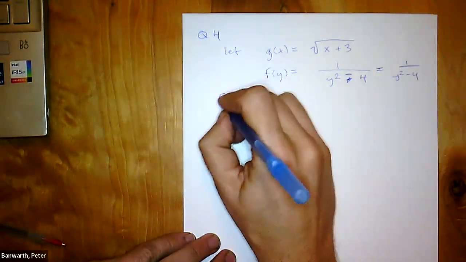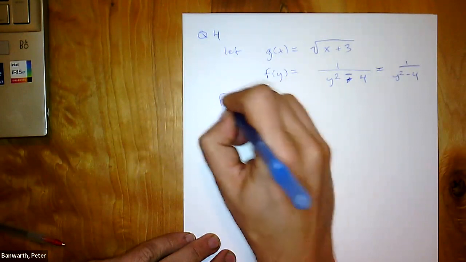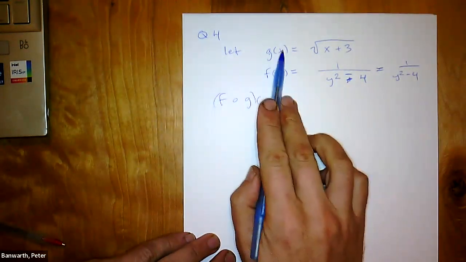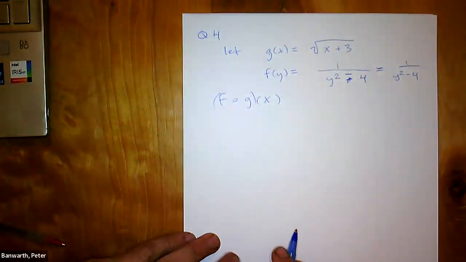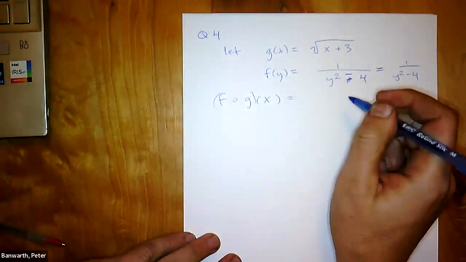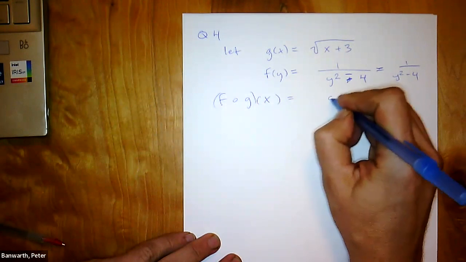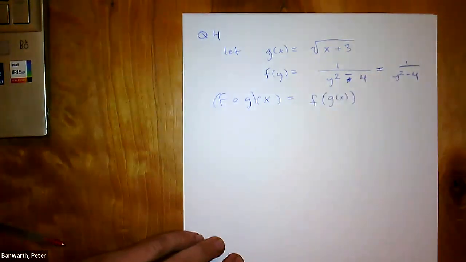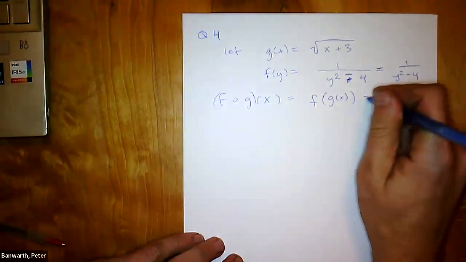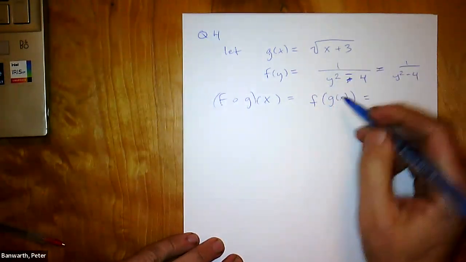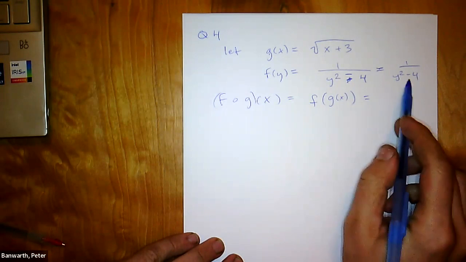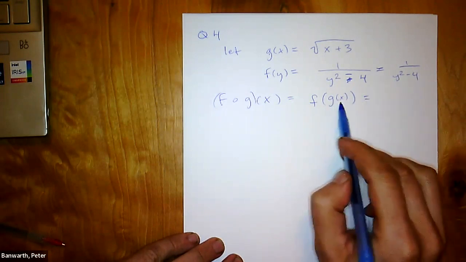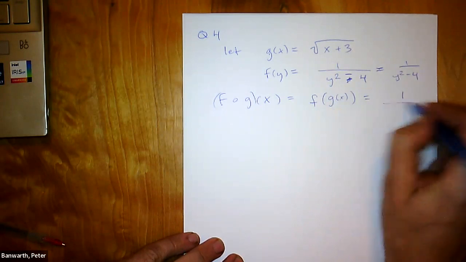And I want to do F composed with G. So if I'm composing F and G, that means I'm first putting the X's in. And I can write that as X goes into G, gives me an intermediate output that I put into F. So I'm going to say, where's my F function? Every time I see an input, I'm going to replace it with G of X.